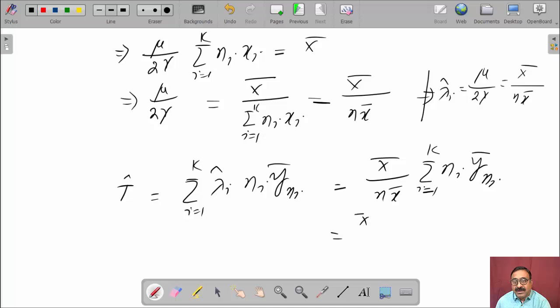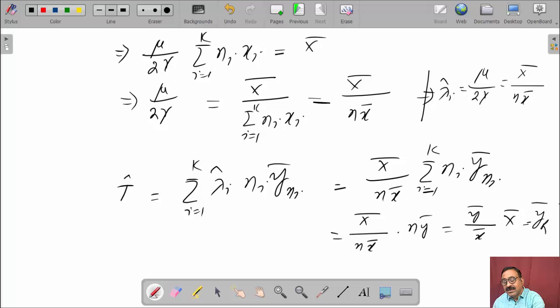So that is equal to X bar by n x bar, this is n into y bar. So this is y bar by x bar into X bar, that is the usual ratio estimator y r bar. So under the given conditions, our usual ratio estimator y r bar, that is equal to y bar by x bar into capital X bar, is the best linear unbiased estimator of the population mean Y bar.